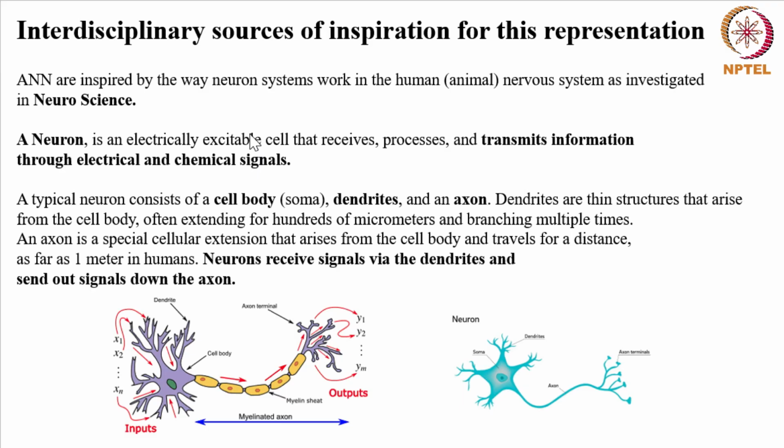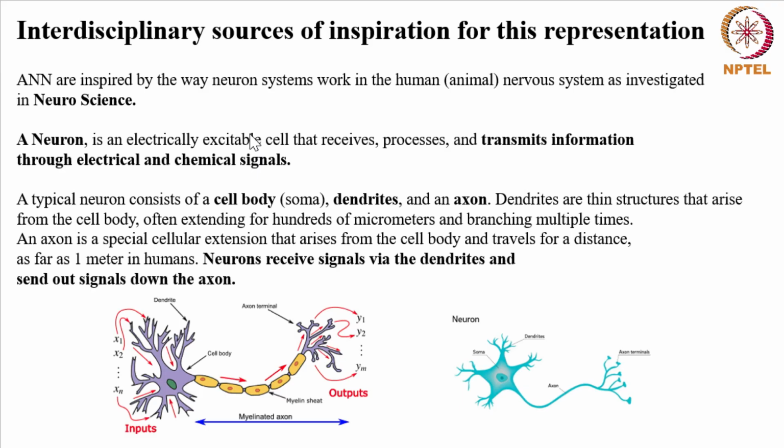So a real neuron consists of a cell body called the soma, and then you have the input side, which is called the dendrites. The dendrites receive the signals from other neurons.